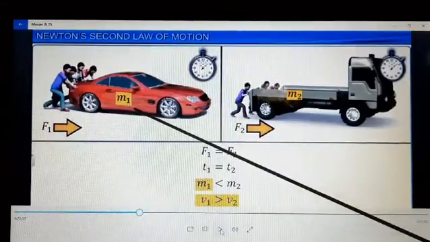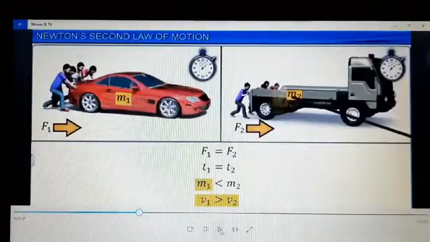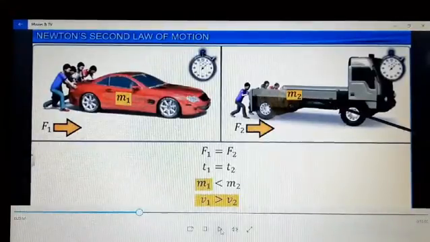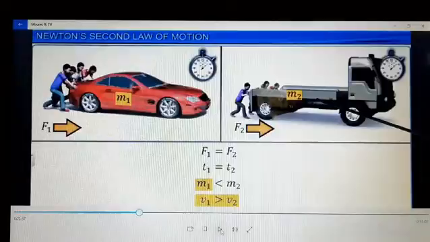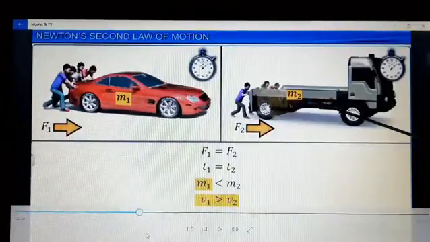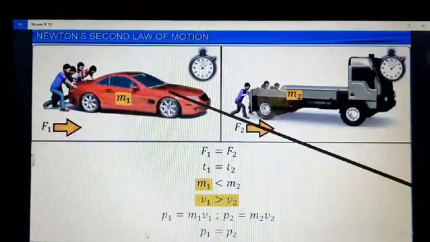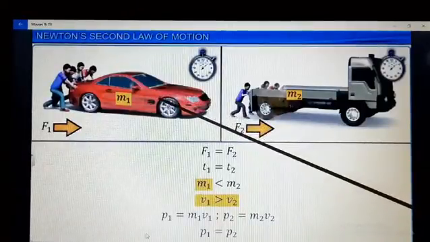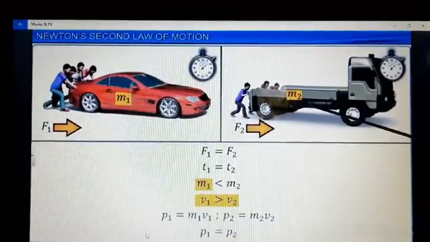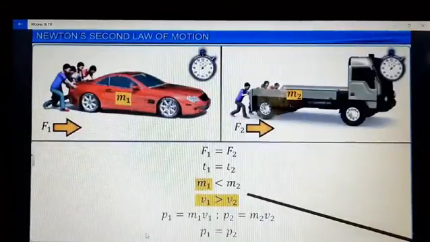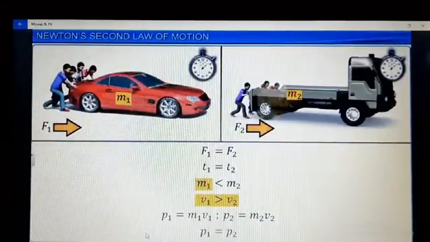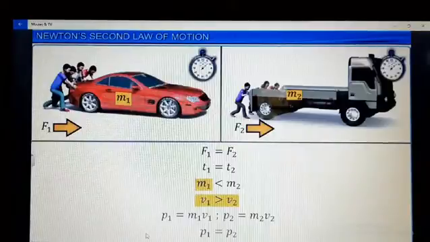But the mass of the car m1 is less than the mass of the truck. So the velocity of this car is V1 and the velocity of the truck is V2. So we can find out their momentum.